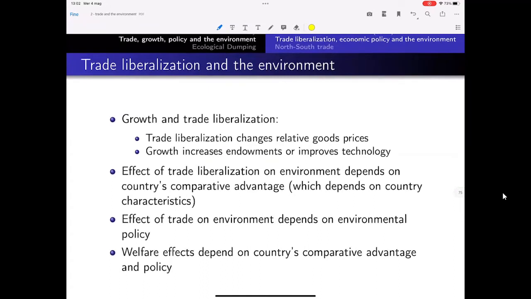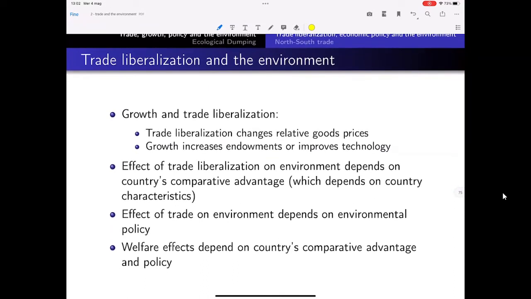Okay, now what I would like to do here is consider trade liberalization and the environment. This is really an extension of what we have seen in the previous lectures. What I would like to do is see how trade liberalization affects welfare through both channels.